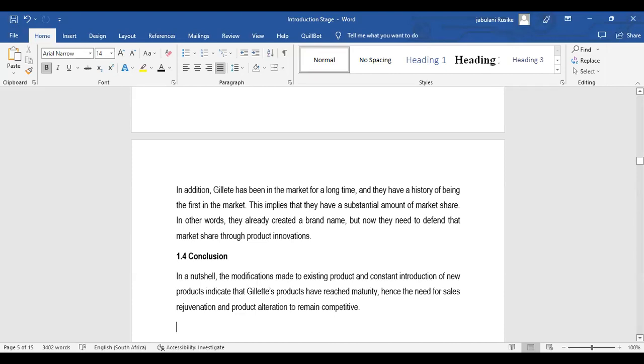People started to know about the product. But then in maturity stage, where the sales were so high, that's when they had to maintain their market share so that they don't slip into the what? Into the decline stage. So they need to defend their market share through product innovations.